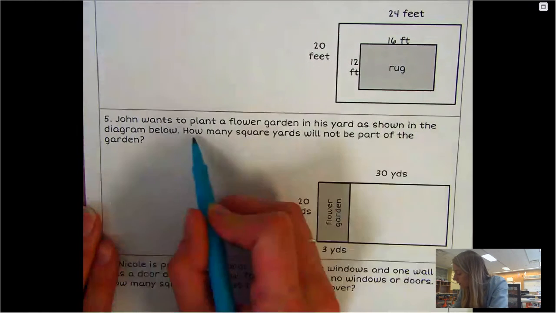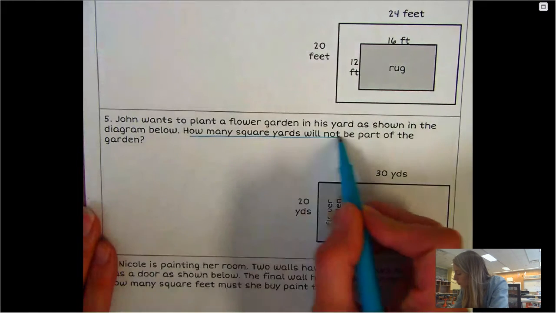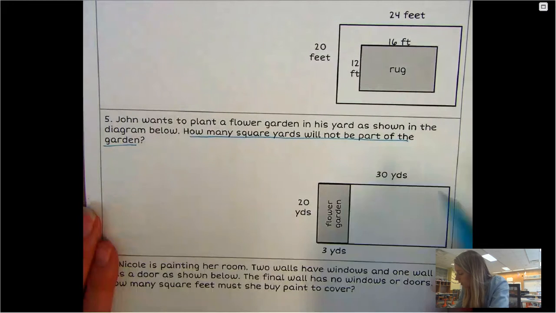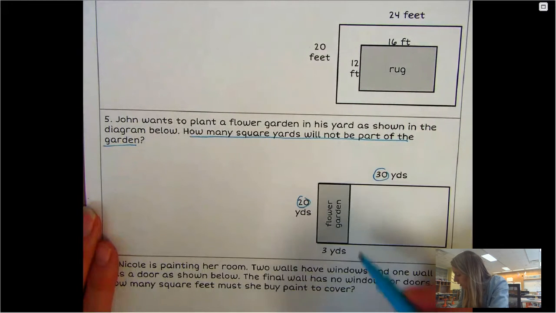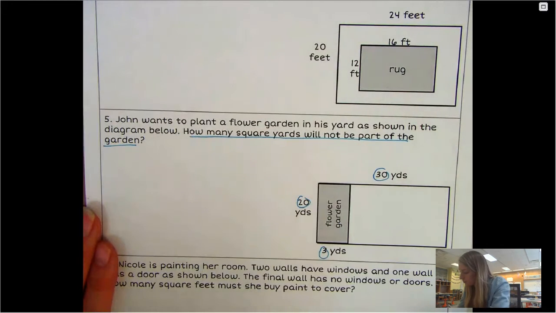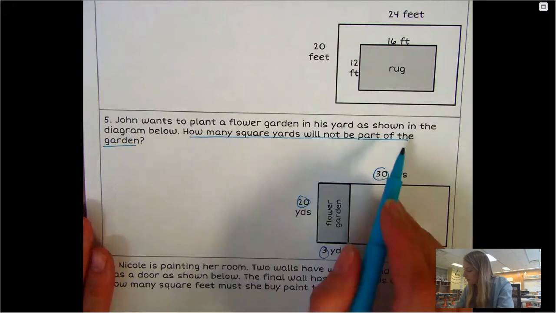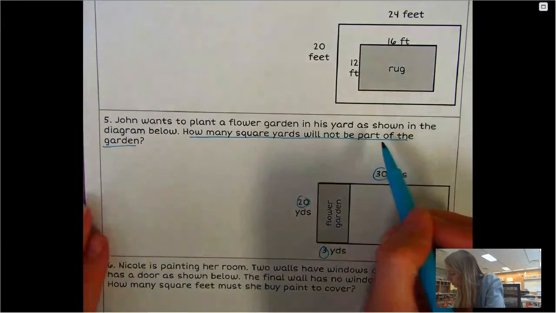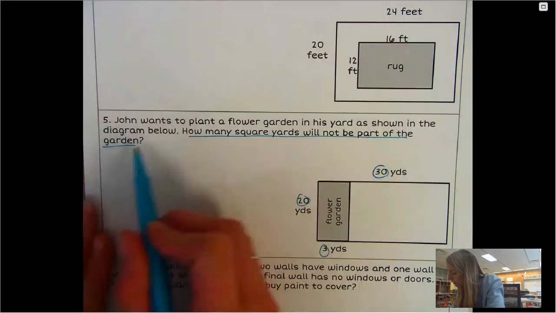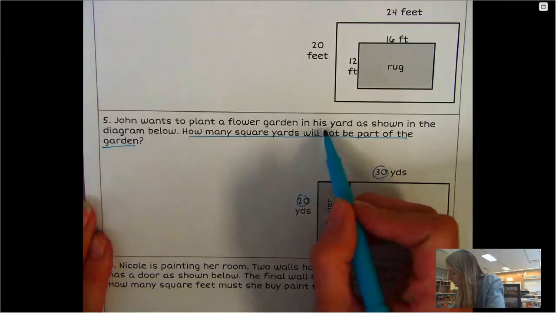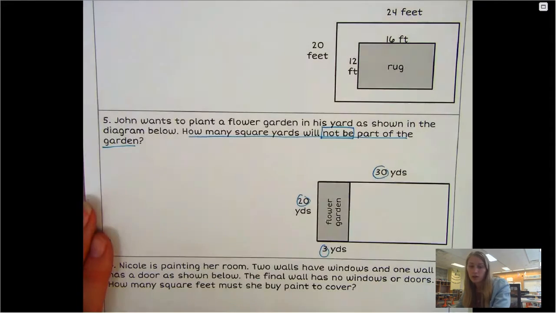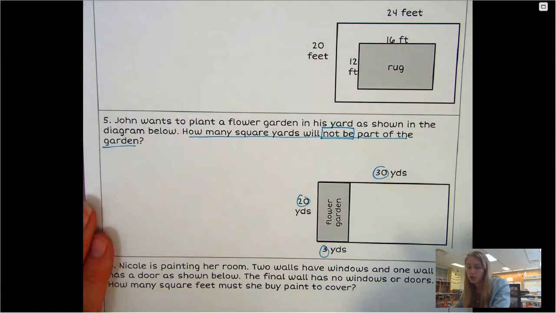Okay, so I know that I'm looking for how many square yards will not be part of the garden. I can circle my important numbers that I see here. And I can box any key terms. Not be. So I'm looking at not be part of the garden.